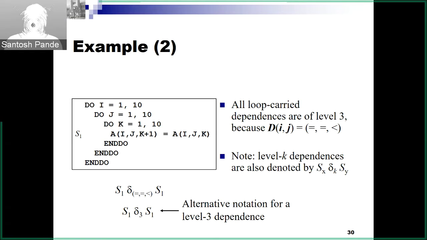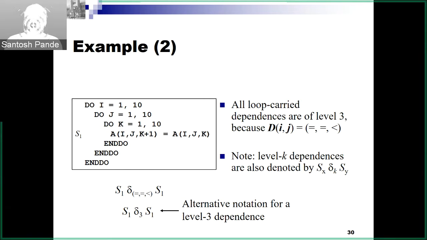However, if we modify this example, for example, if in the J level, instead of equal to, we had less than, then you can imagine that actually the dependence is not really carried by level 3, but level 2. And we want to be able to enforce the level 2 dependence here.